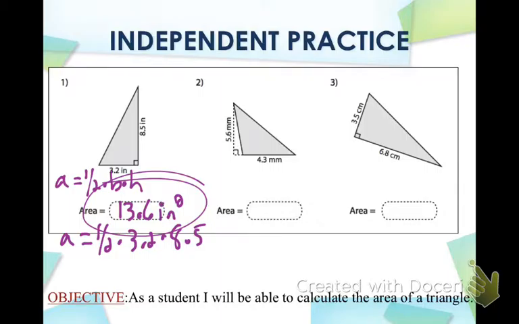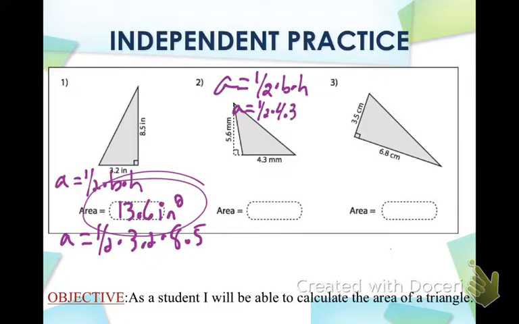All right, we're going to go ahead and do the next one. You should have the wonderful formula plugged in. Area equals 1/2 times the base times the height. And our base for this one is 4.3, so we have area equals 1/2 times 4.3.